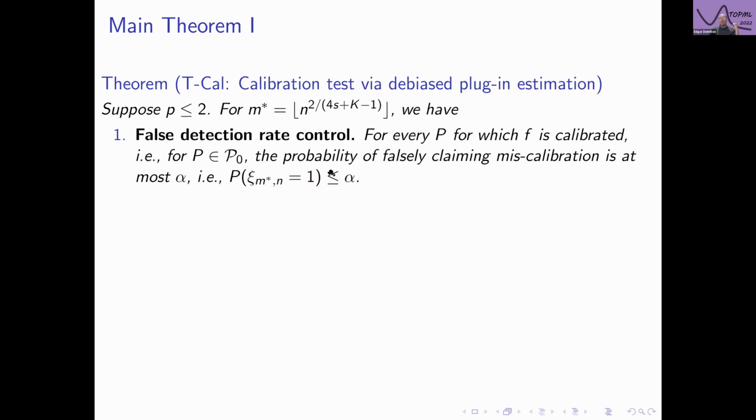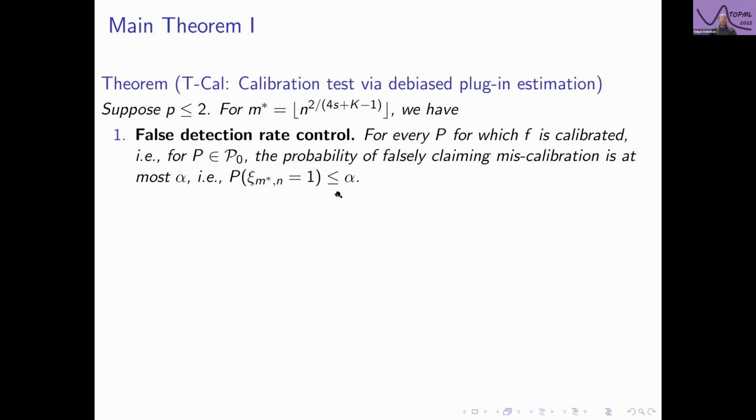For every probability distribution for which the probabilistic classifier is calibrated, so P is in the null, the probability of falsely claiming miscalibration is at most alpha.